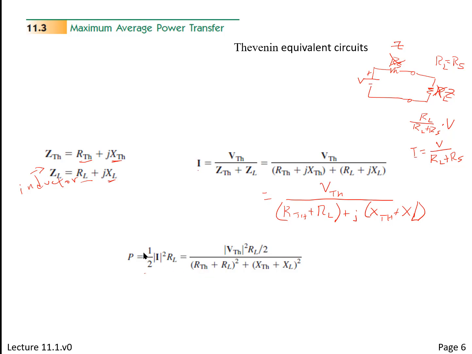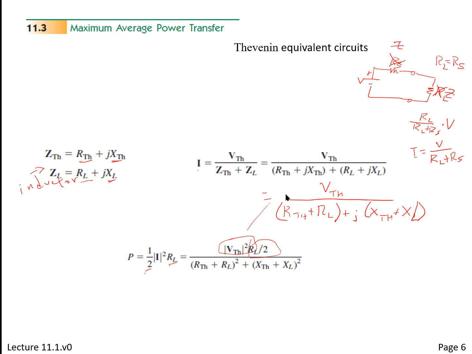So here it is with all the pieces put together. If I square this, one half RL over 2. So here's that, that's this piece and that piece. Now I've got the nasty I squared, so the V Thevenin squared, here's that. Let's examine the pieces.